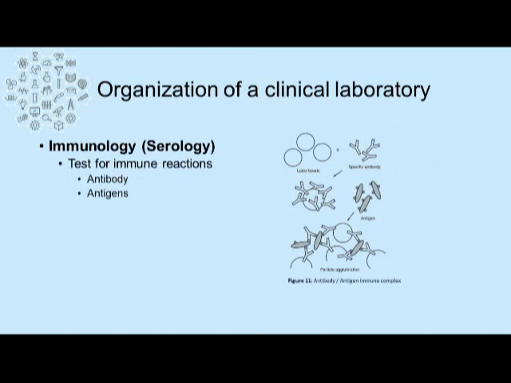Chemistry is usually connected to the serology department. They're also testing the liquid portion of your blood, although they're testing for immune reactions. This is a result of an antibody and antigen complex, the presence of which can indicate disease stage such as HIV or hepatitis.